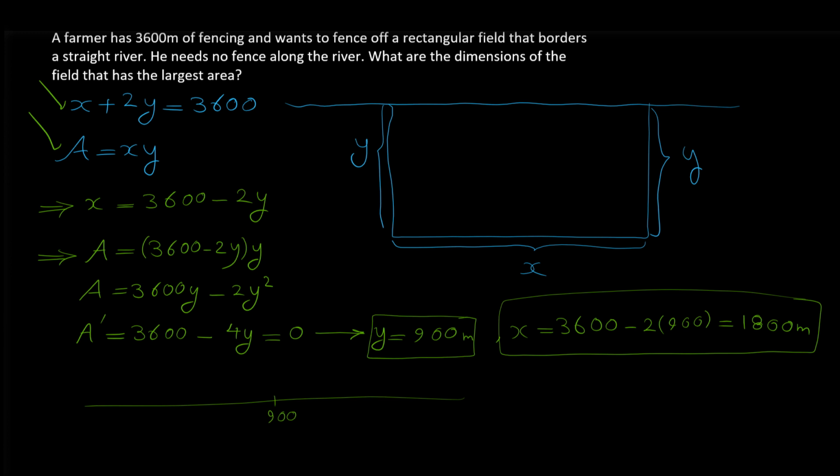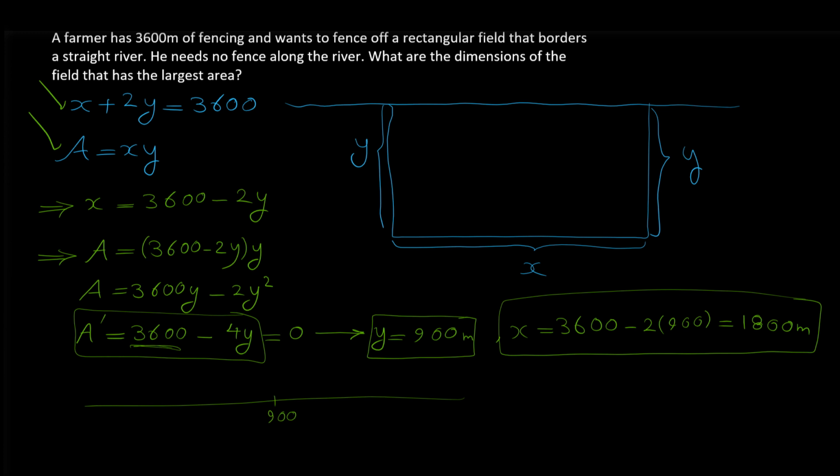If we use a test point for finding the sign of the derivative for values less than 900, for example, we can use 0 for y. If we plug in 0 for y in the derivative, 4 times 0 is 0. 3600 minus 0 would be positive.